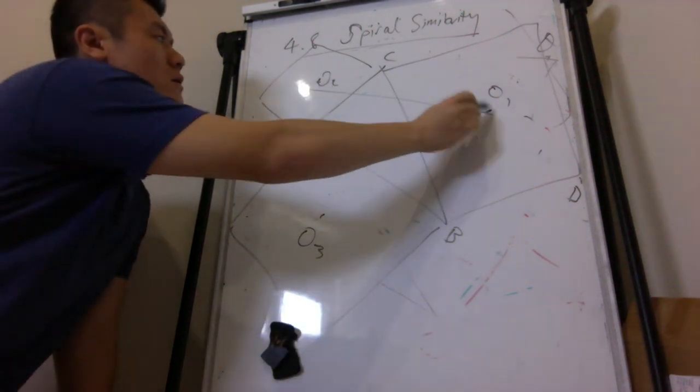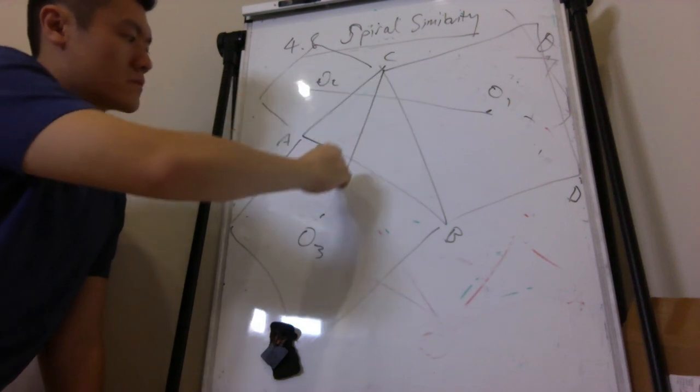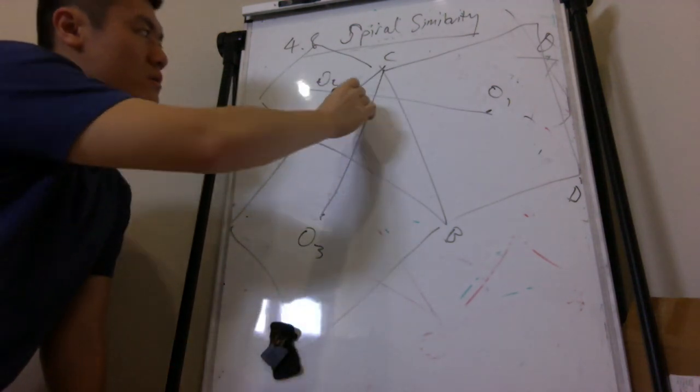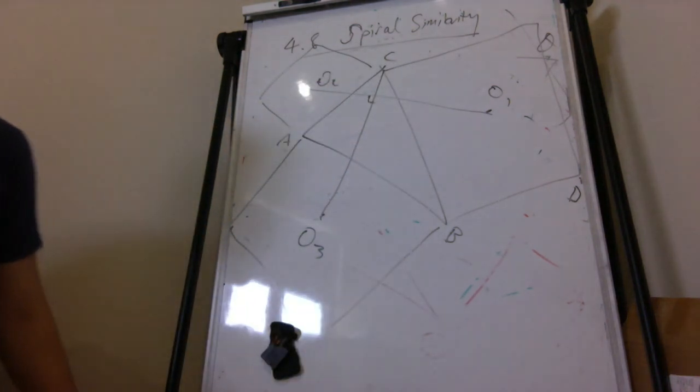How do you know they're perpendicular? No, we're supposed to prove that. So we're saying they're equal and perpendicular. Equal, the lines are equal.